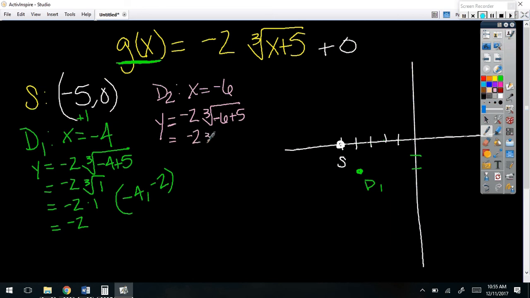So what's negative 6 plus 5? Negative 1. What's the cubed root of negative 1? Negative 1. What's negative 2 times negative 1? 2. Give me the coordinates of my second direction point. Negative 6, 2.